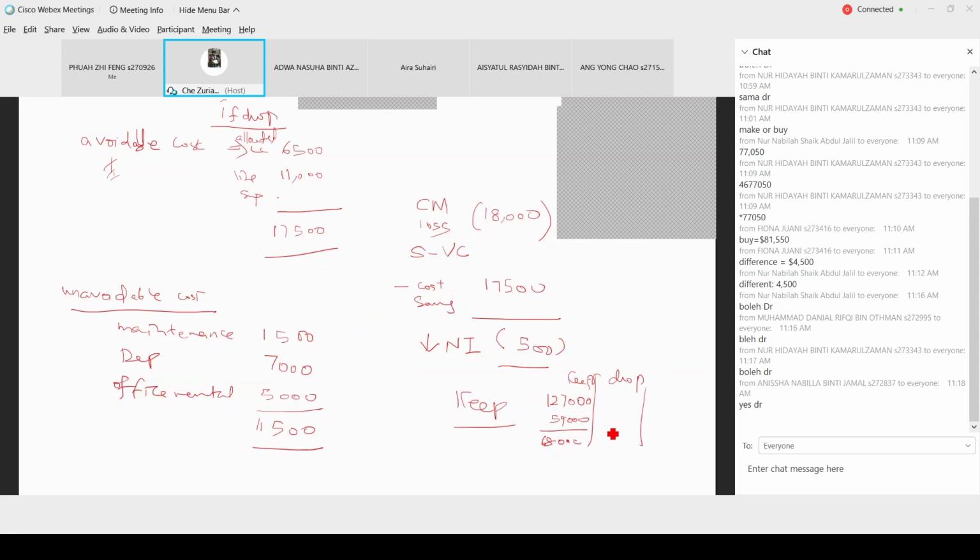But if you drop, you just have this 80 and then 30. Okay, so this one is 50,000. So the difference here, if you drop, you will miss this CM about 18,000.